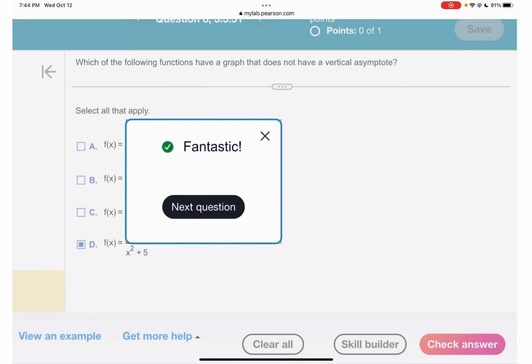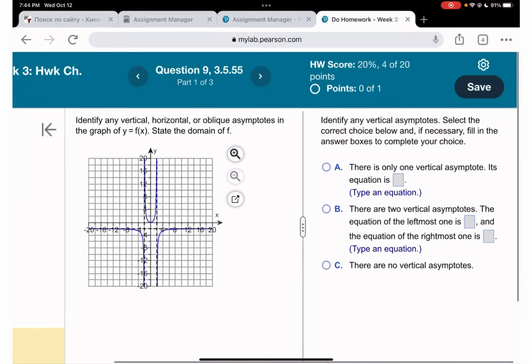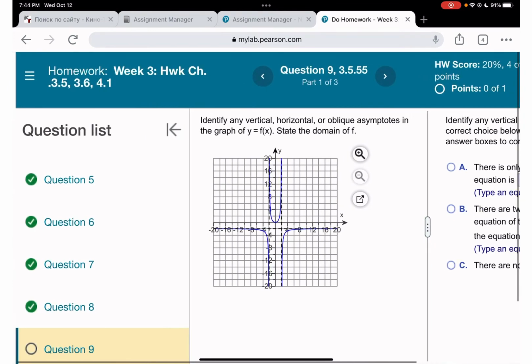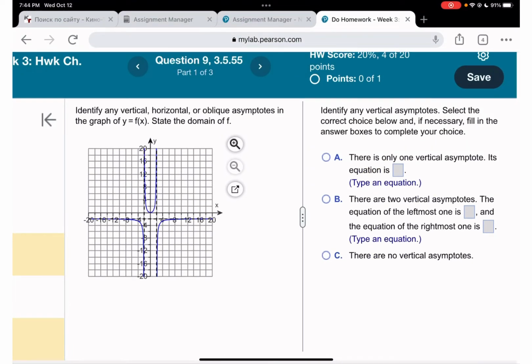Okay. Moving to number 9. Did I jump over? Let me see. No, we did 8. Now we are doing 9. Okay, so how are we going to solve this one?